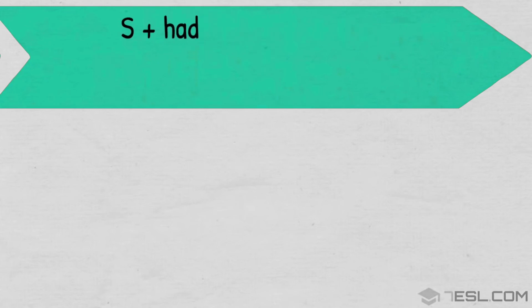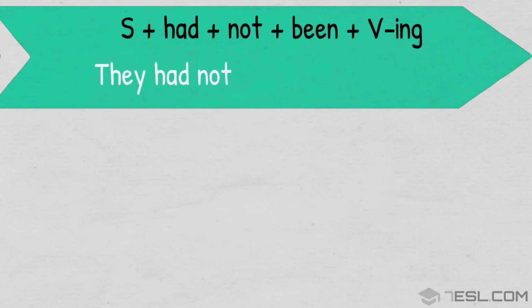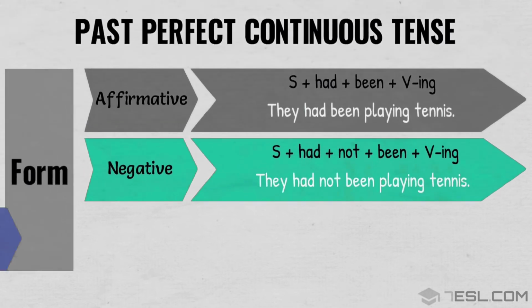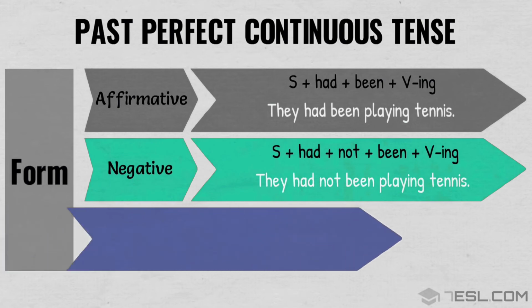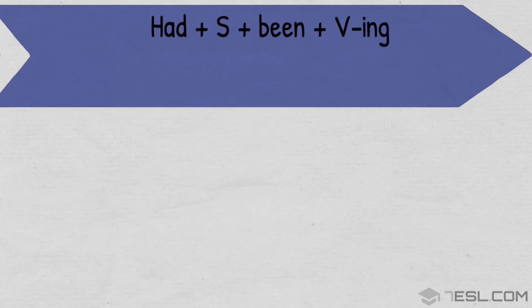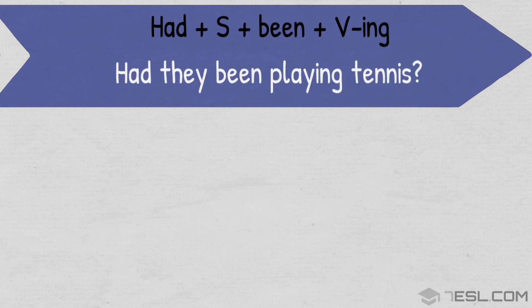Subject plus had plus not plus been plus verb ing. They had not been playing tennis. Interrogative. Had plus subject plus been plus verb ing. Had they been playing tennis?